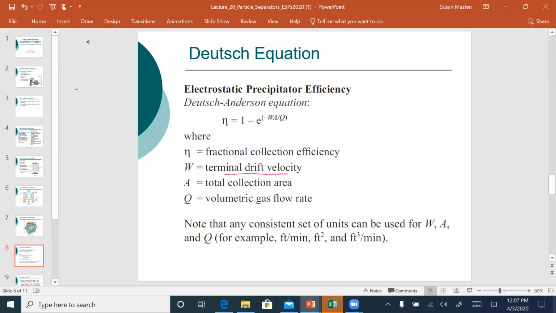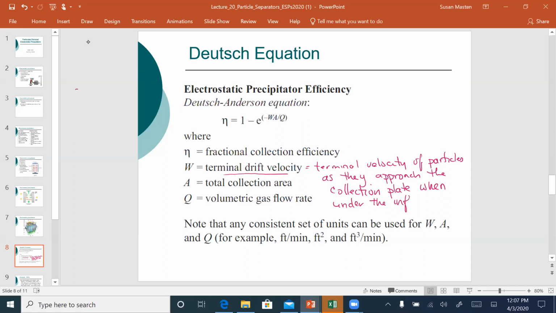And that is the terminal velocity of the particles as they approach the collection plate when they're under the influence of the electric field.